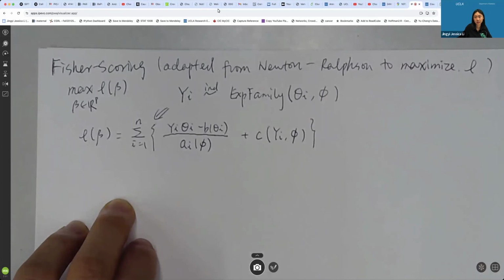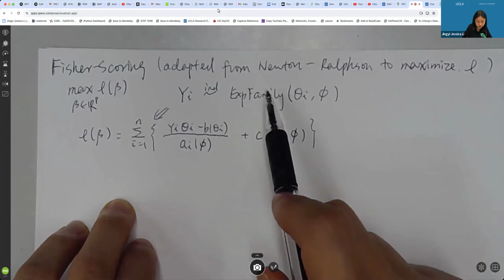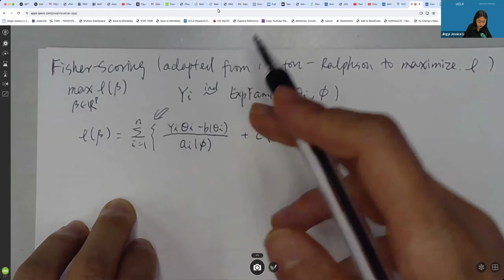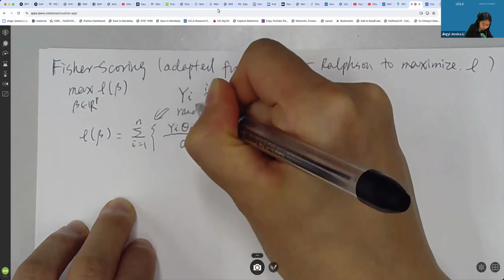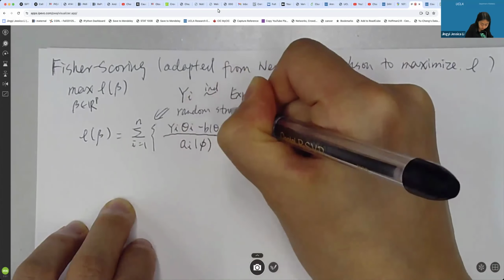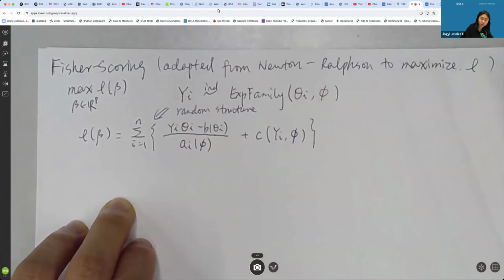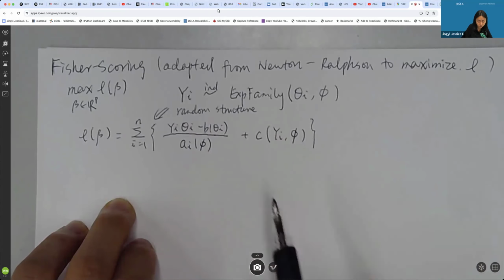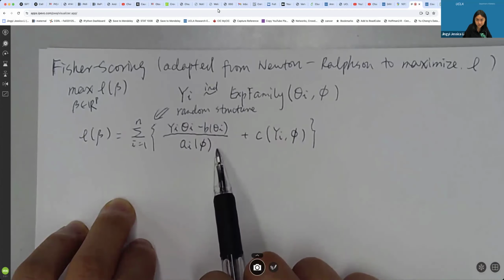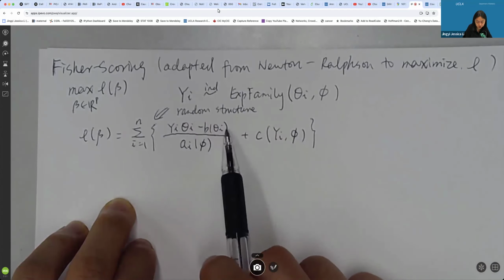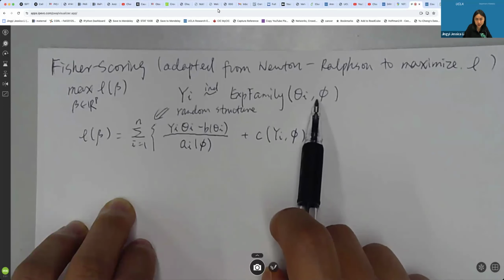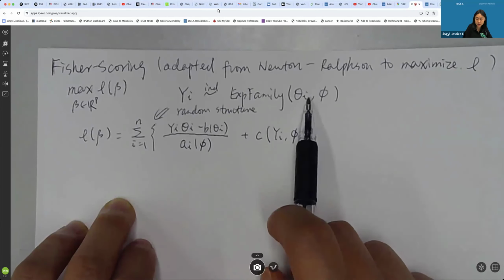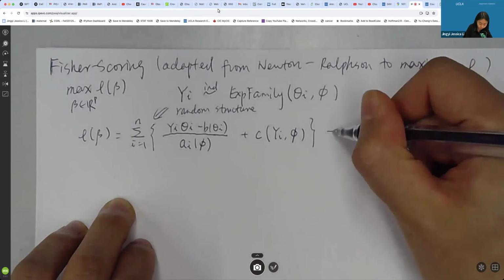That's the log likelihood. And now this comes from our random structure. Let me just be a little specific so you know the connection. Given the random structure, we write down the log likelihood, but we don't see beta appear yet. The reason is that the parameter relation is only based on exponential family. We didn't introduce the systematic structure yet.